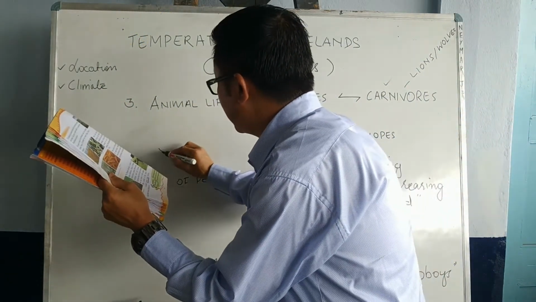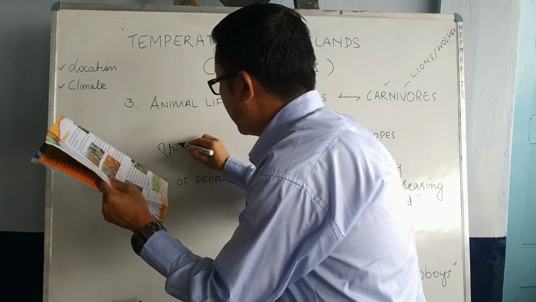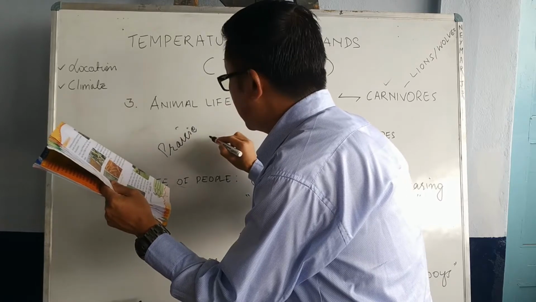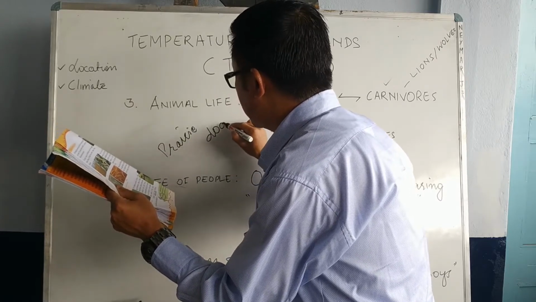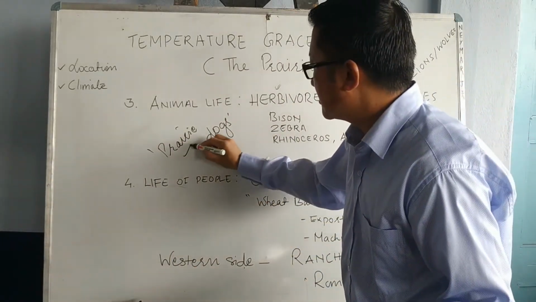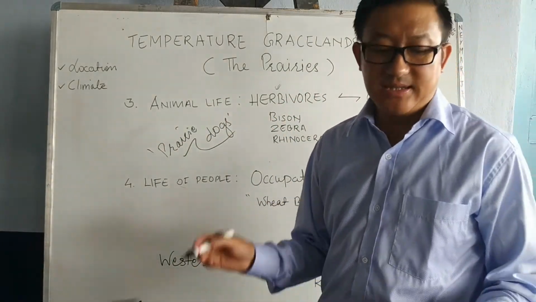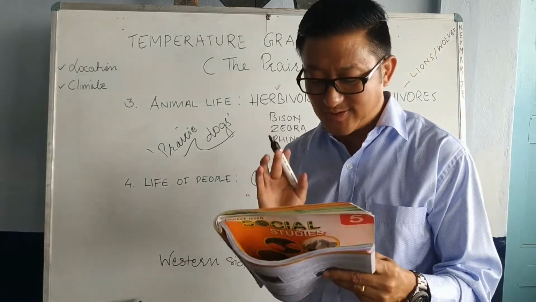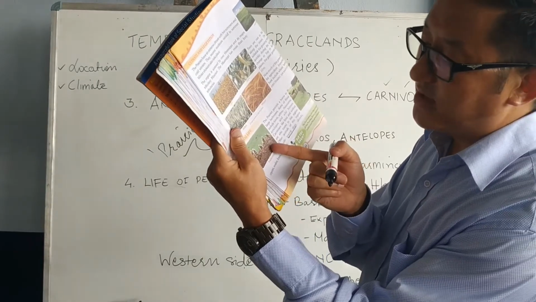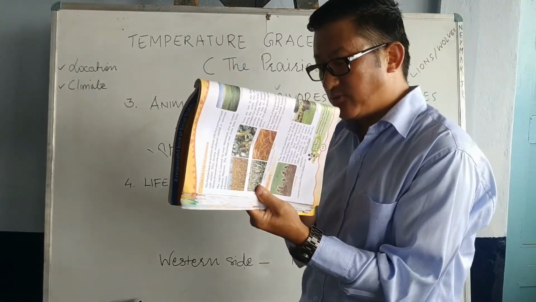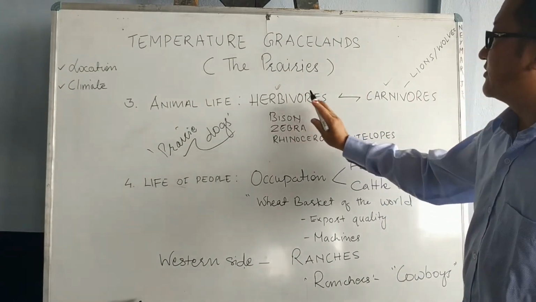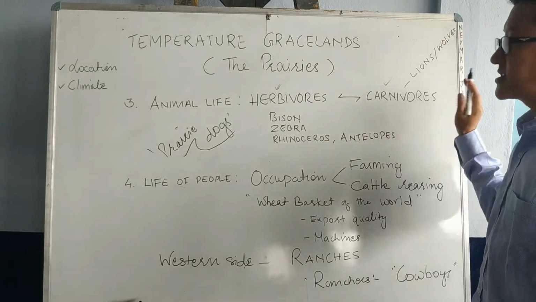I will write it here: P-R-A-I-R-I-E, prairie, D-O-G-S, dogs. I do not know why they are called prairie dogs, but they are. This is a special animal that we get in this region, apart from the herbivorous and the carnivorous animals.